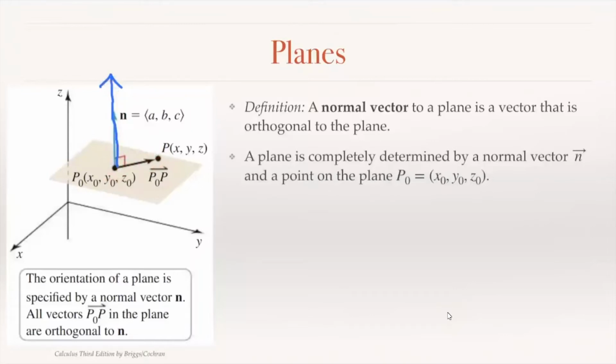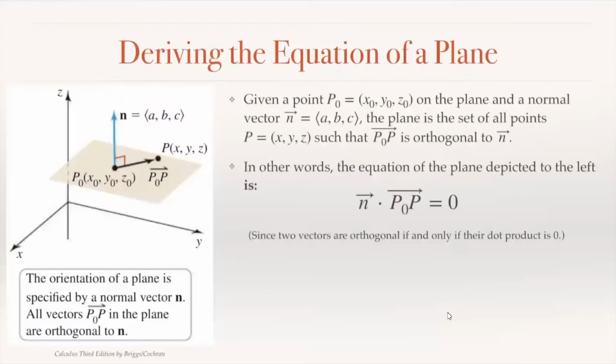And something that is always zero when two vectors are at a right angle is the dot product. So we can specify the plane by specifying that the dot product of n and P naught P is equal to 0. Remember that the dot product is 0 if and only if the two vectors are orthogonal. So in other words, the equation of the plane depicted on the left here is the dot product of the normal vector and P naught P, where P is any other point on the plane.